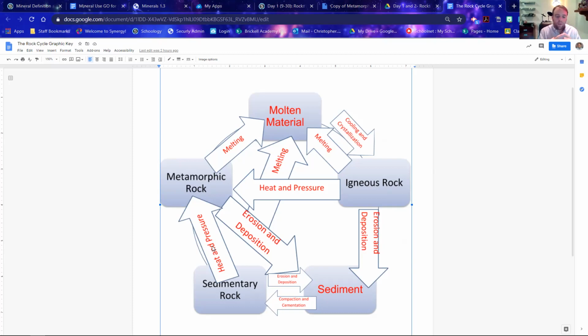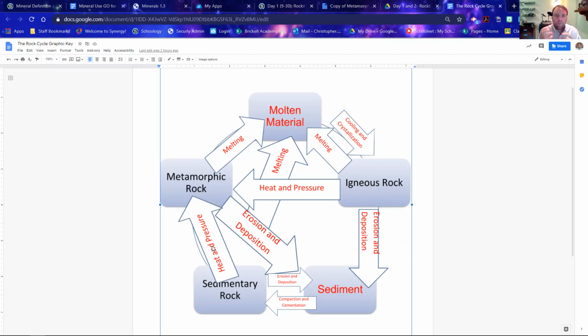So the rock cycle is just a way of looking at the progression of rocks as they move throughout their life, and there is no one perfect cycle. Rocks can and will continually be subjected to different conditions, changing them from one type to another. The main points of the graphic organizer that I want to draw your attention to are the three rock types: metamorphic, igneous, sedimentary.